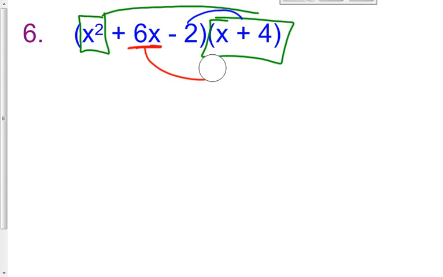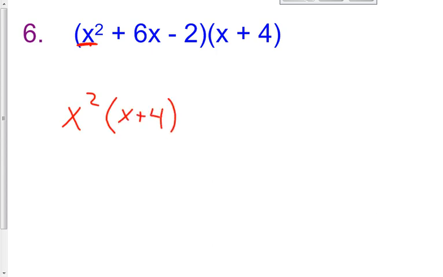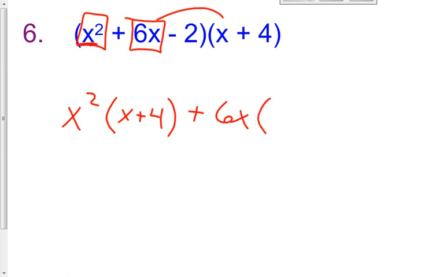So I can see how all this mess up here is kind of making it look confusing. Let's try to break this down a little bit so we could better understand this. This x squared, we're going to multiply it by the binomial of x plus 4. So x squared times x plus 4. Now that's not the only thing we're going to multiply by x plus 4. We're also going to multiply this 6x times x plus 4. So plus 6x multiplied by x plus 4.